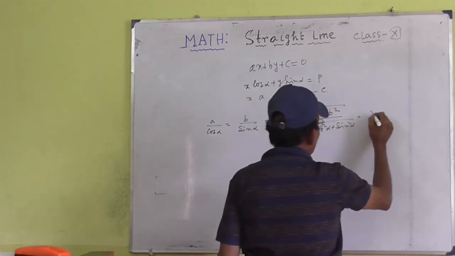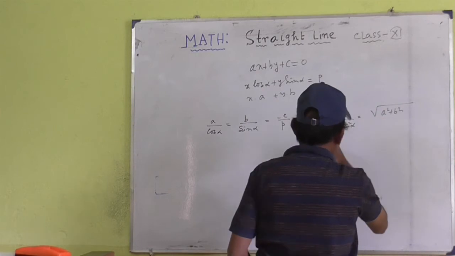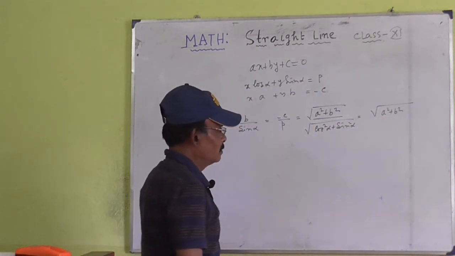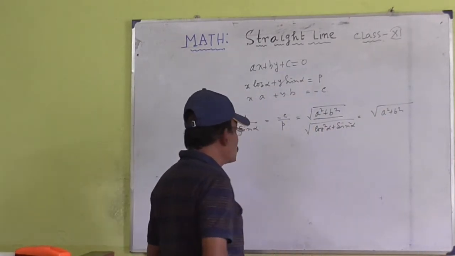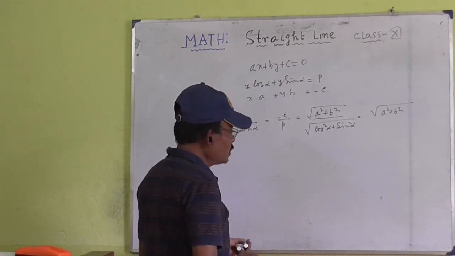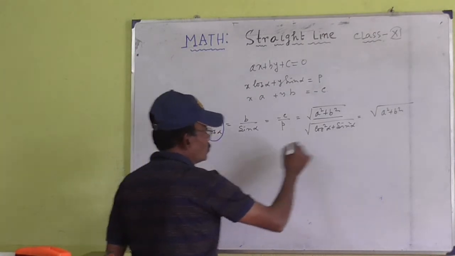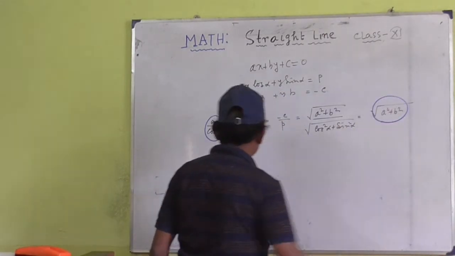That means root over A square plus B square, since cos square alpha plus sin square alpha means 1. So A by cos alpha equals root over A square plus B square.